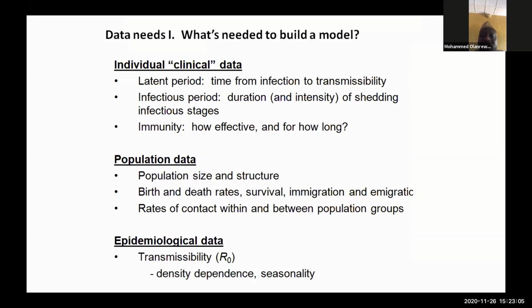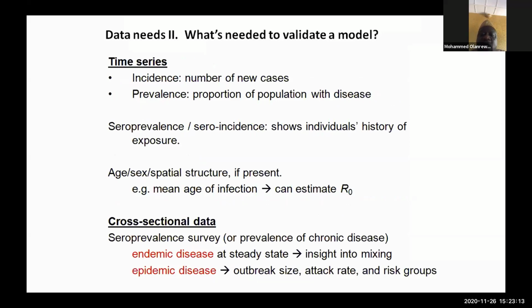Epidemiological data: transmissibility R0, where you talk about density dependence and seasonality. Here we are talking just like a textbook written by Box and Jenkins on time series analysis, where you talk about cyclical, seasonal, and what have you.